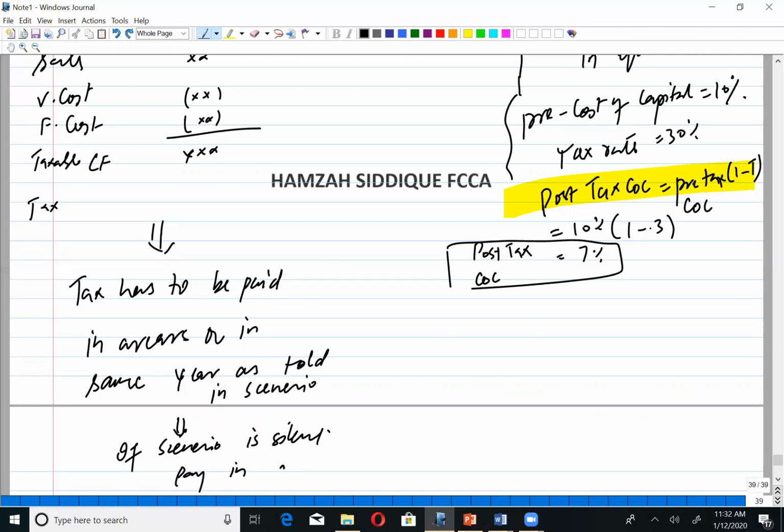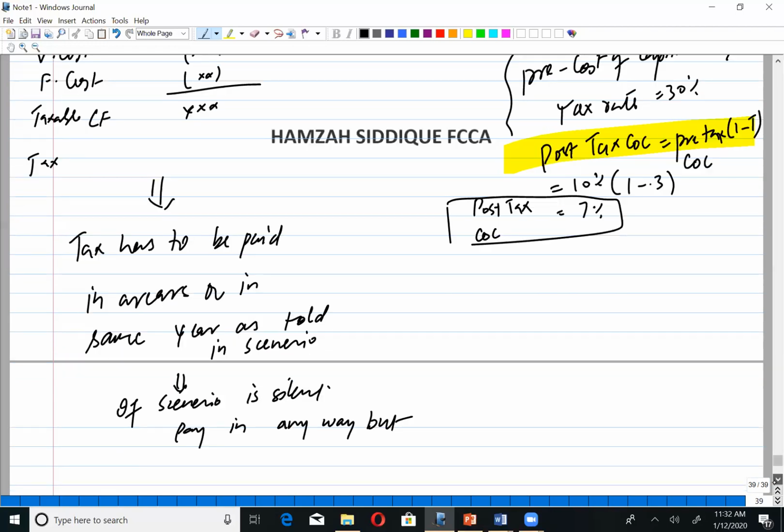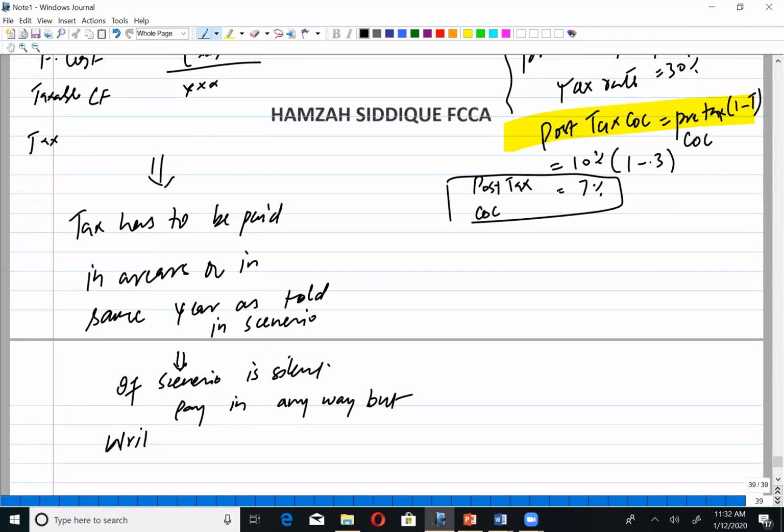You can even pay in arrears. But the right assumption is that it is to be paid in the same year or in the arrears.